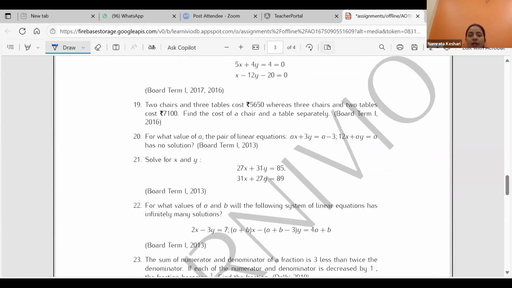I was telling you that I'll be taking the questions from NCERT first, and that too from the method of elimination, because last class I have already explained to you how to deal with the basic questions from the method of elimination. Just a moment, let me share the screen.